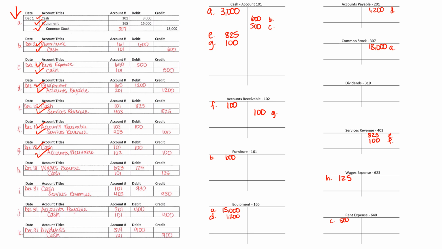And cash credited $125. I, cash debited $930. And services revenue credited $930.